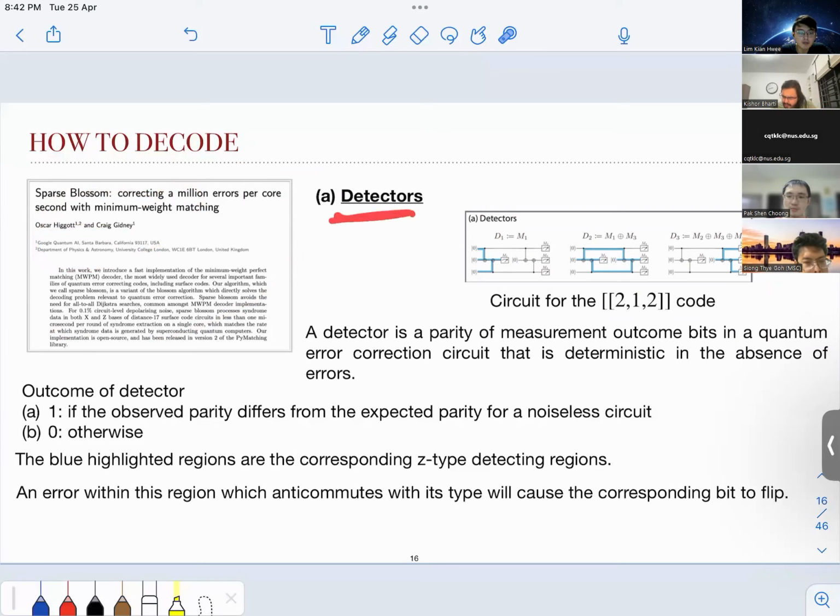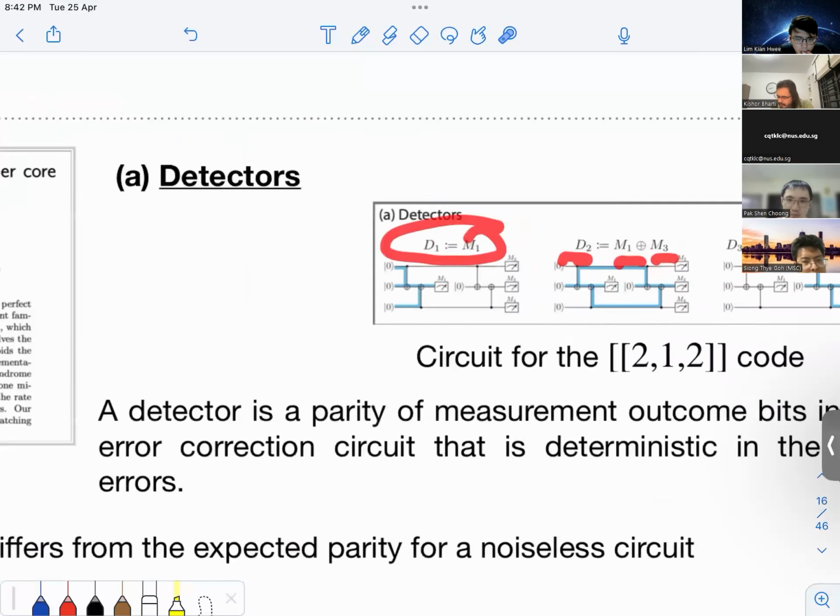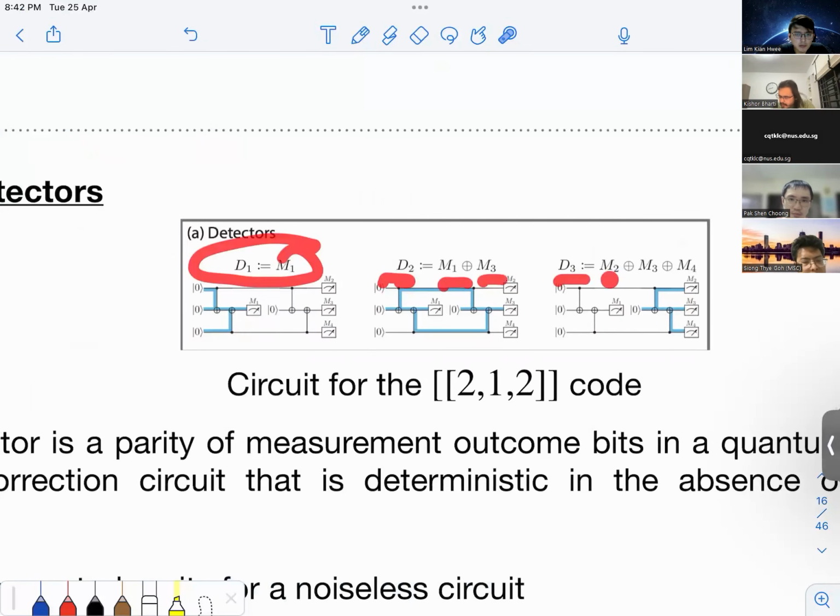I will discuss what these things are. A detector is nothing but a parity of measurement outcome bits in a quantum error correction circuit. Here your detector is just M1. Here your detector is the parity of M1 and M3, and here the detector is the parity of M2, M3, and M4. So detector 1 is concerned with this region because only M1 is involved here. Detector 2 is concerned with the region corresponding to M1 and M3.